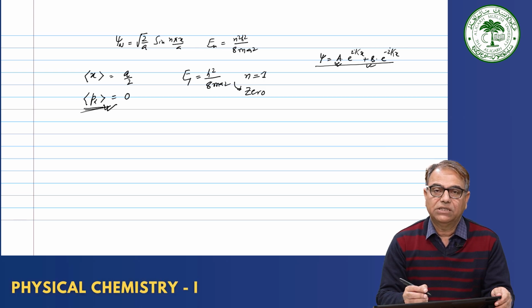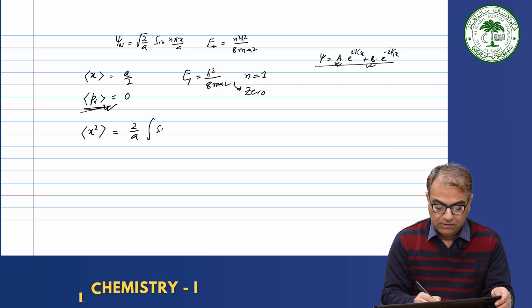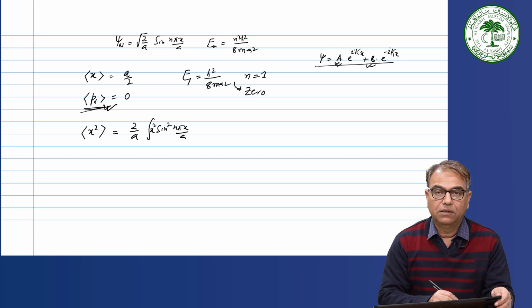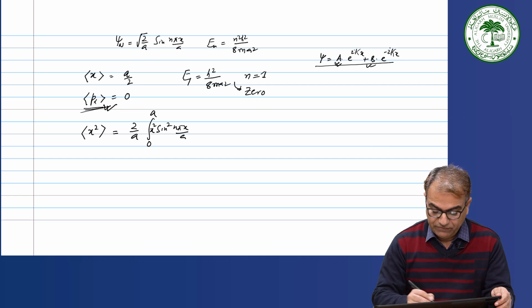If we extend this concept a little more and try to find out the expectation value of x square, then the easiest thing to do is simply put those values: root 2 by a sine square n pi x upon a into x square. Why is it so?